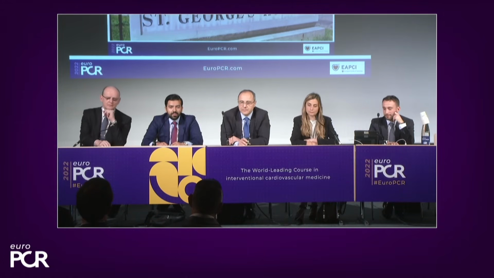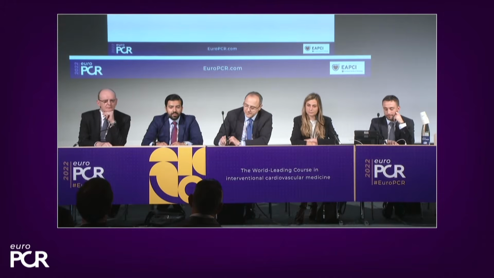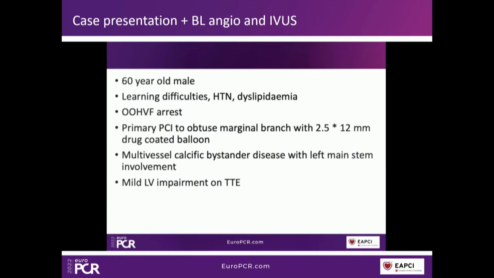So we have a fantastic case for you today. This is a 60-year-old gentleman with a background of learning difficulties, hypertension and dyslipidemia. He presented with an out-of-hospital VF arrest, with a short downtime and a single shot to ROSC. His post-ROSC ECG demonstrated widespread lateral ischemia, and he underwent primary angioplasty to an obtuse marginal branch with a 2.5 by 12 mm drug-coated balloon.